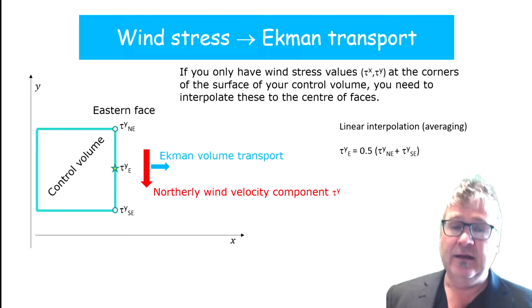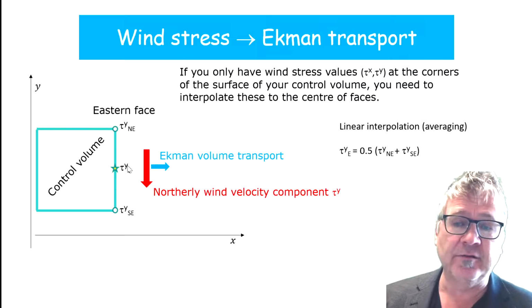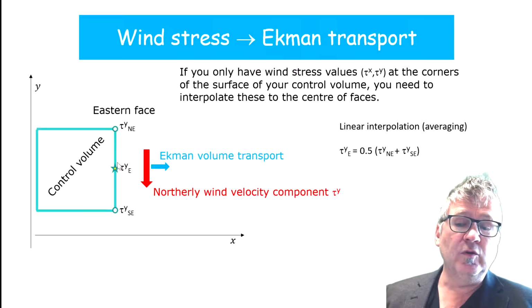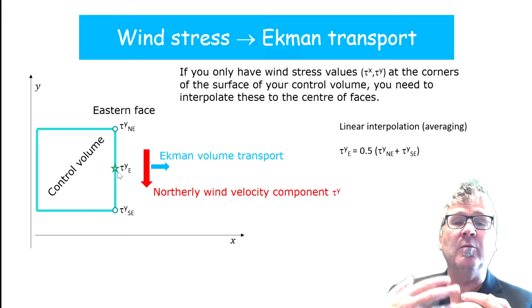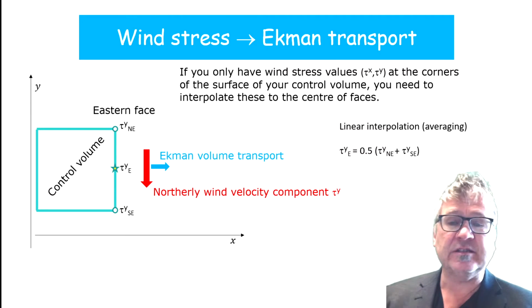It's like a linear interpolation into the middle of the region. So this is what you do, and from that you can work out the Ekman volume. So this is one step.